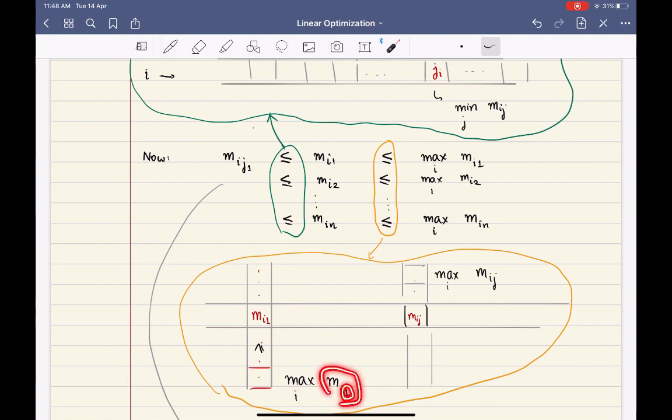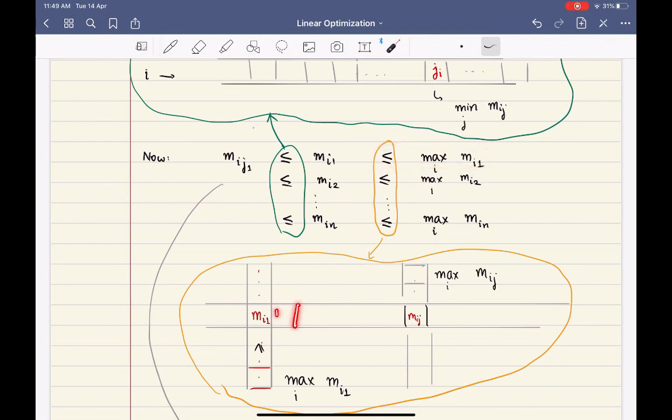So we have fixed the minimizer's choice. So mi1 is less than or equal to this thing, which means that this original value, this mij1 that we had, will be less than or equal to this value also. So that is what is written here.